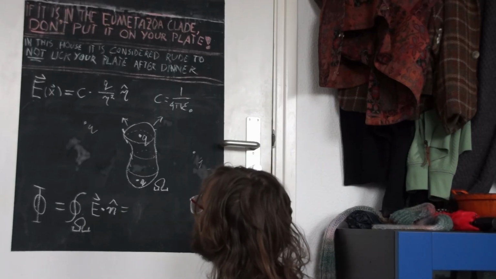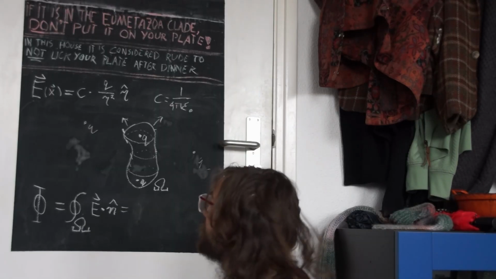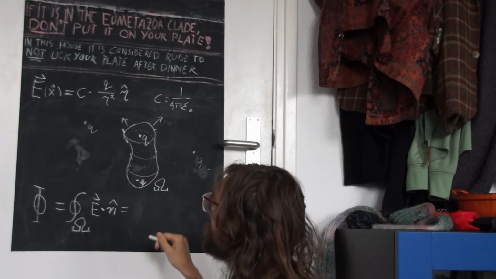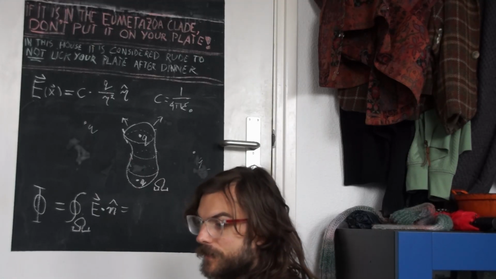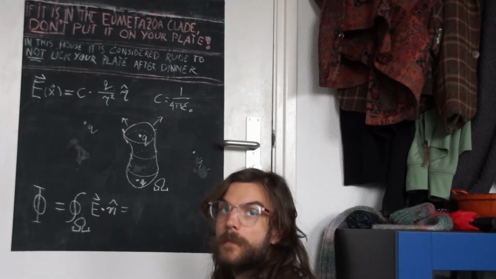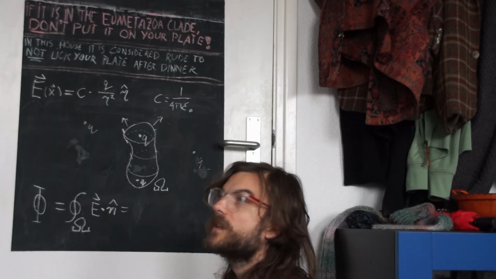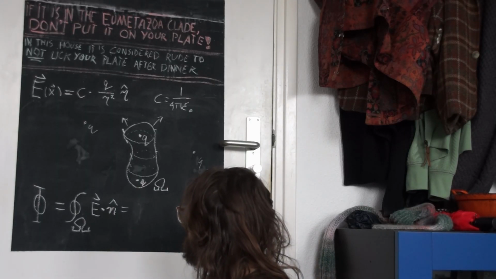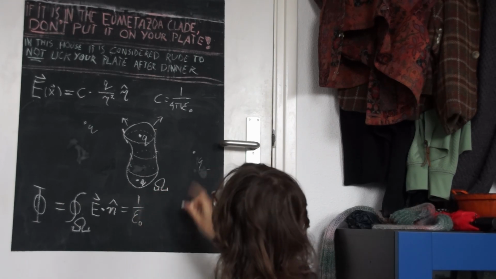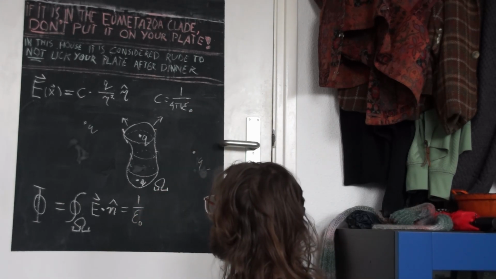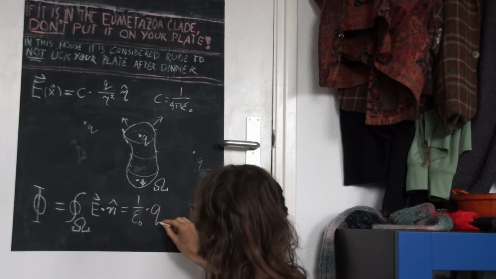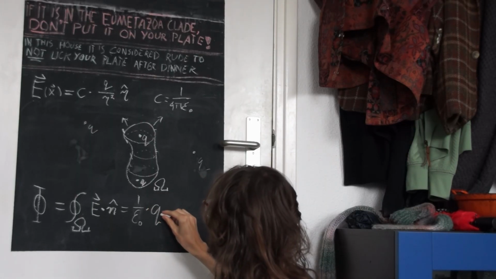But if we can somehow calculate this flux, then we know how many charges we have captured if we know the proper constants to add to make this flux work. And these constants are very simple. It's just going to be 1 over epsilon naught that we've seen before, times the total charge that is inside, so Q enclosed.